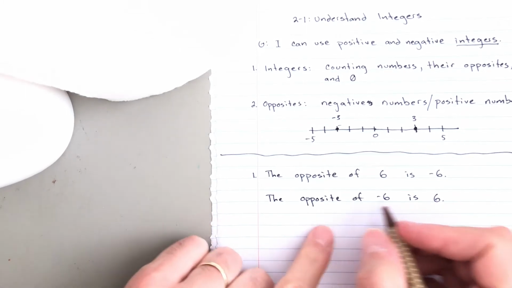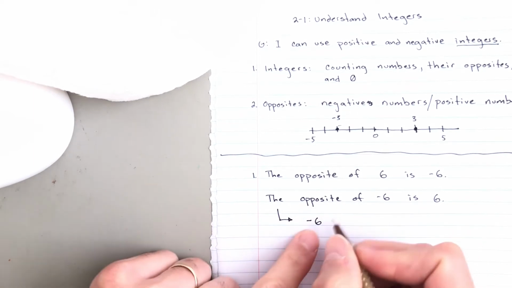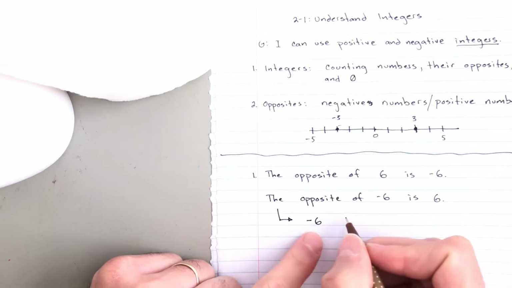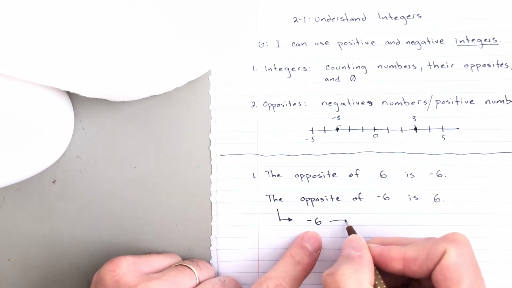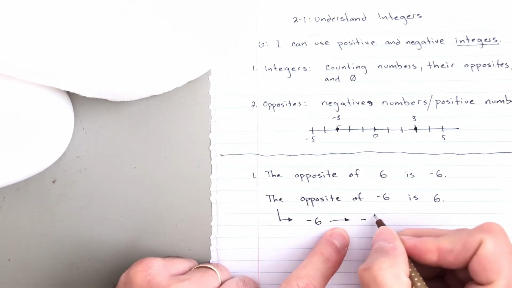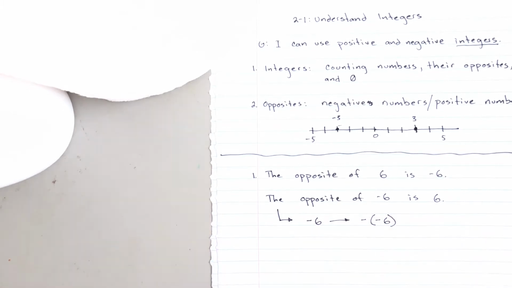So if I'm looking at the opposite of -6, they will also put it as a -6 in parentheses with another negative in front. I still try to wrap my brain around that, but I think it's because it goes the opposite of -6.